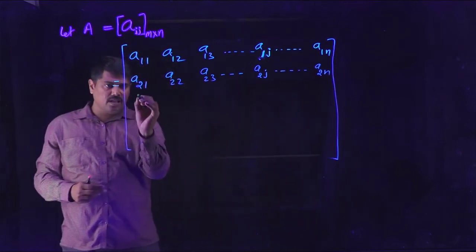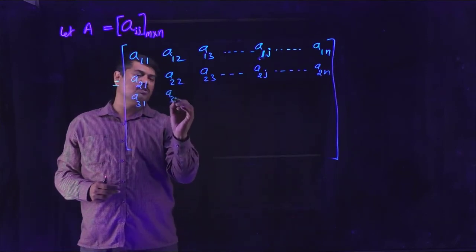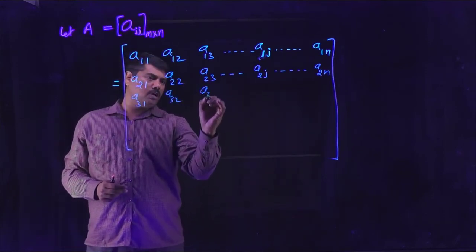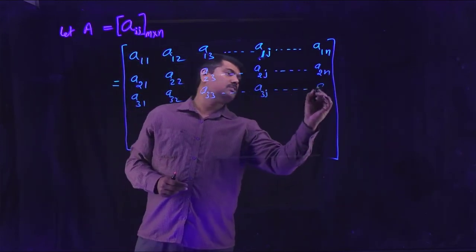In the same way, if you move to the next row: third row, first column; third row, second column; third row, third column; third row, jth column; third row, nth column.